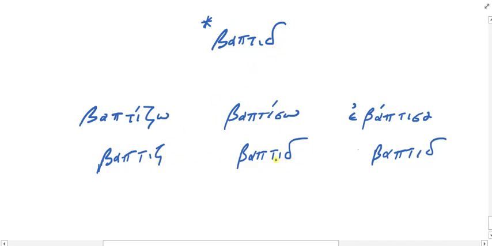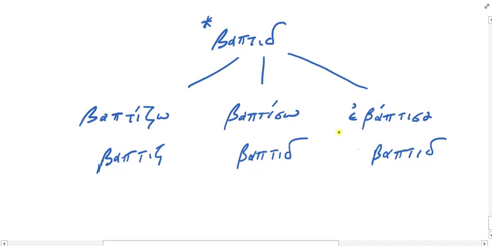If you're thinking that baptizo is somehow modified from baptiz, you're going to be all messed up, okay? But if you know that deltas before sigma fall out, and you know that the real root is baptid, and that baptid is being used for the future stem and the aorist stem, then it's actually going to be regular, not irregular to you, all right? So that's one final example, okay?